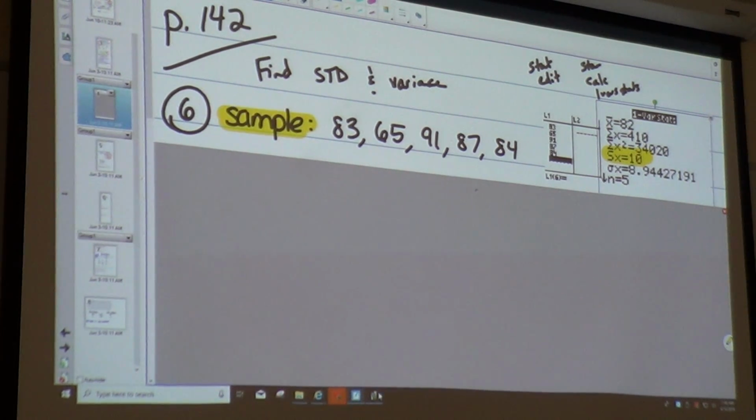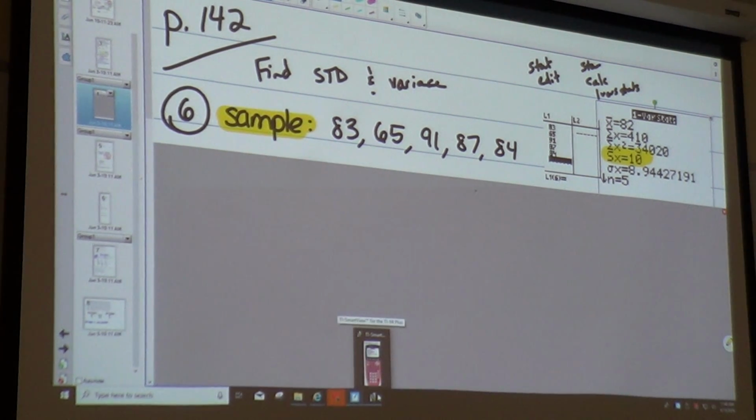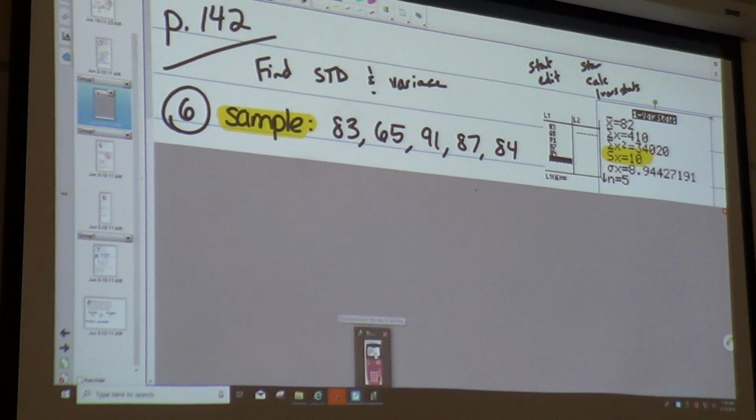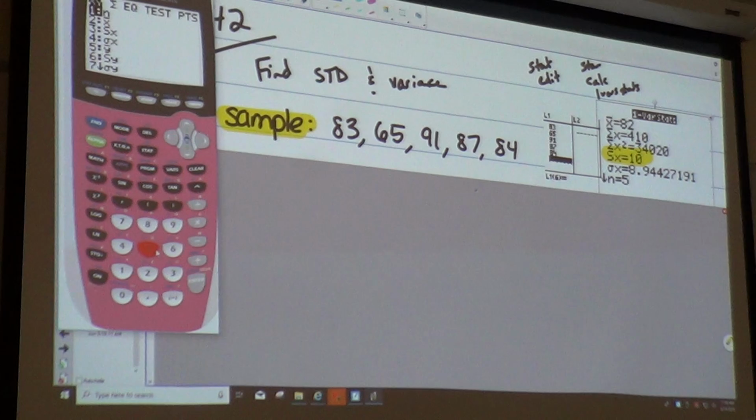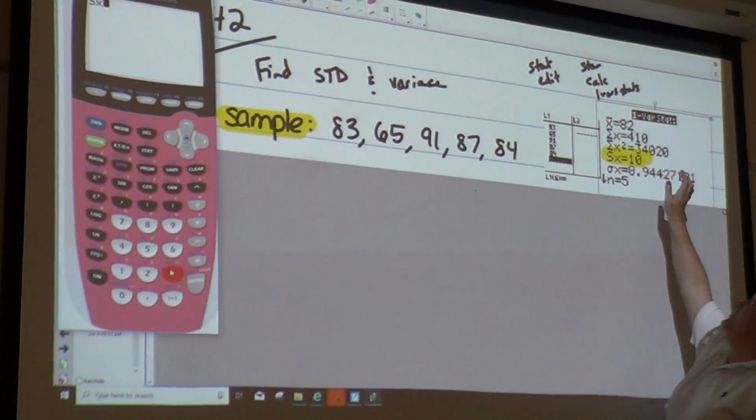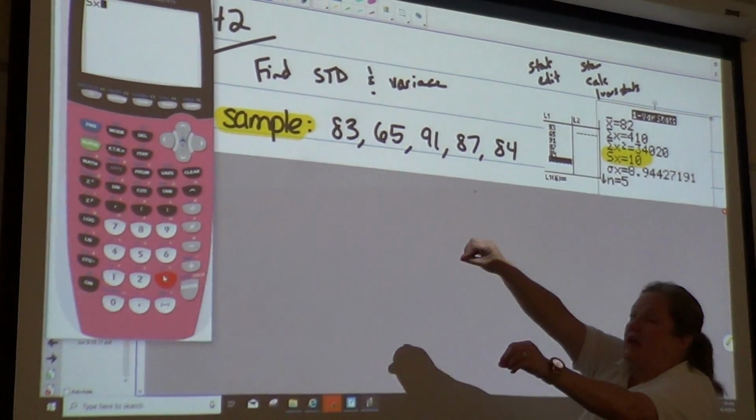Then I go to my calculator, and for this one, I could do 10 squared to get my variance. But just to practice, I'm going to do VARS, go down to number 5, and I'm going to choose the sample standard deviation, which is 3. So the calculator pulls over this data, and then I'm going to square.